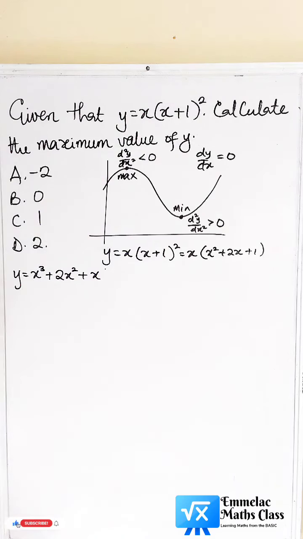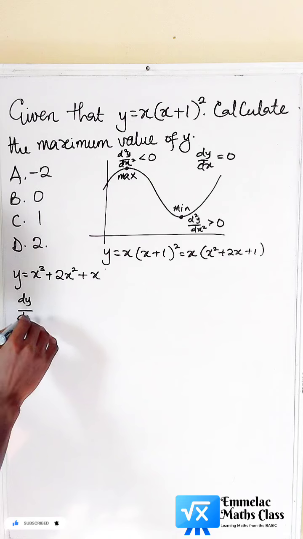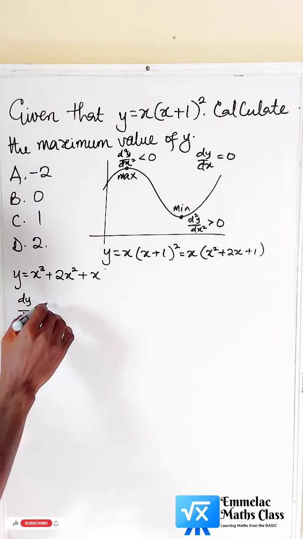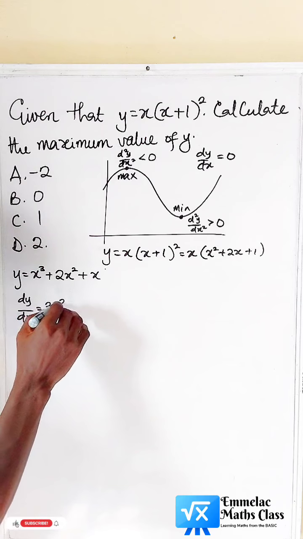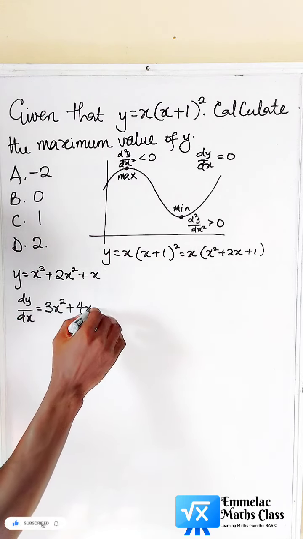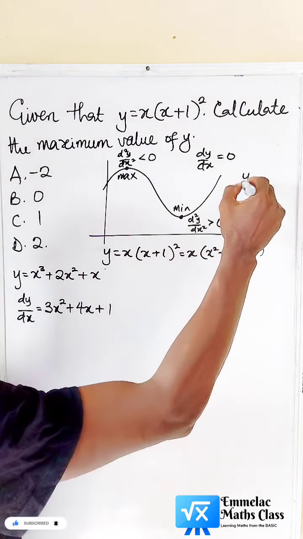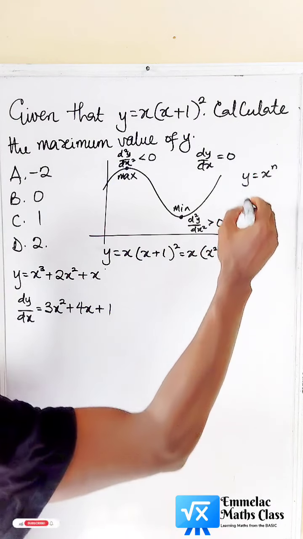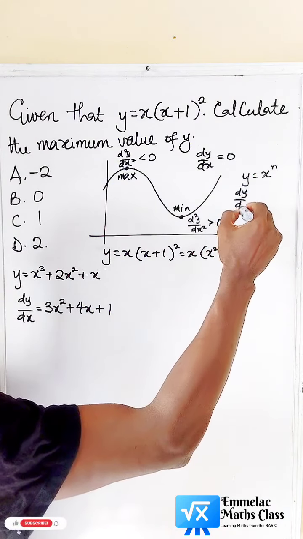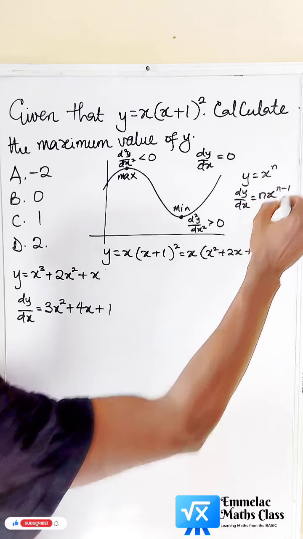At this point, let us find the derivative of y with respect to x. dy/dx gives us 3x² plus 4x plus 1. This is according to the rule that if y equals x^n, then dy/dx equals n x^(n-1).